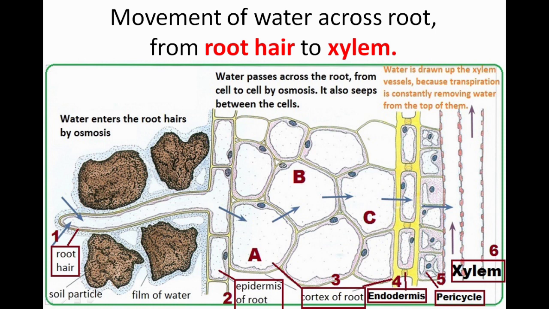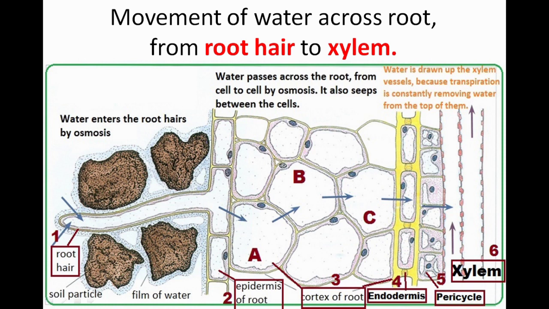As a result of entry of water from soil to root hair, the water concentration of the epidermis has increased. Now, the water concentration of epidermis is higher than the nearby cortical cells. So, water moves from epidermis to the cortical cell by the process osmosis. By this same process, water moves across the cortex cells.